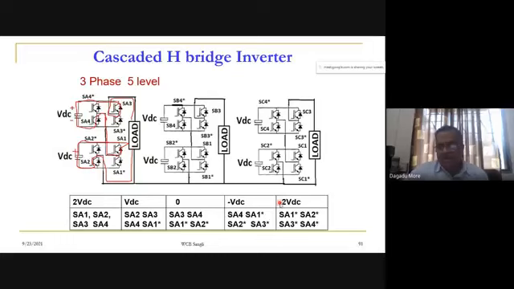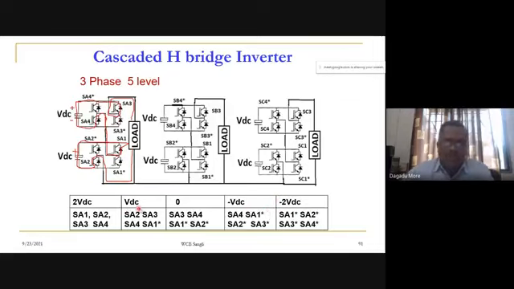So that will be our twice VDC case. For the other four devices, SA1 star, SA2, SA3 and SA4, both VDC1 and VDC2 come in series, but they appear in the opposite direction as compared to this. That's why it will be minus twice VDC.